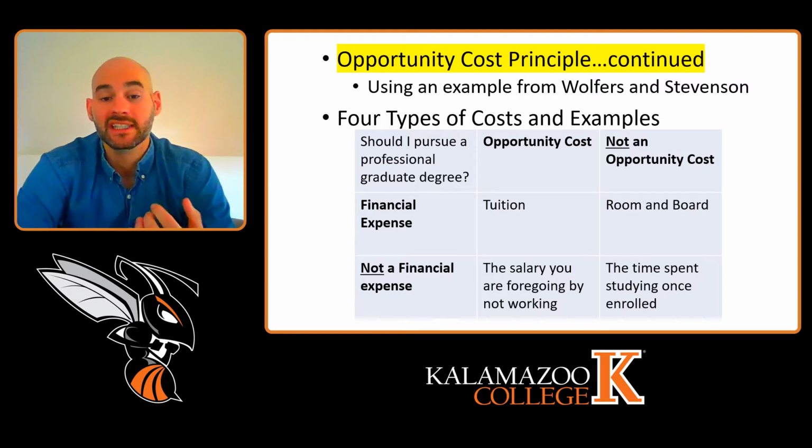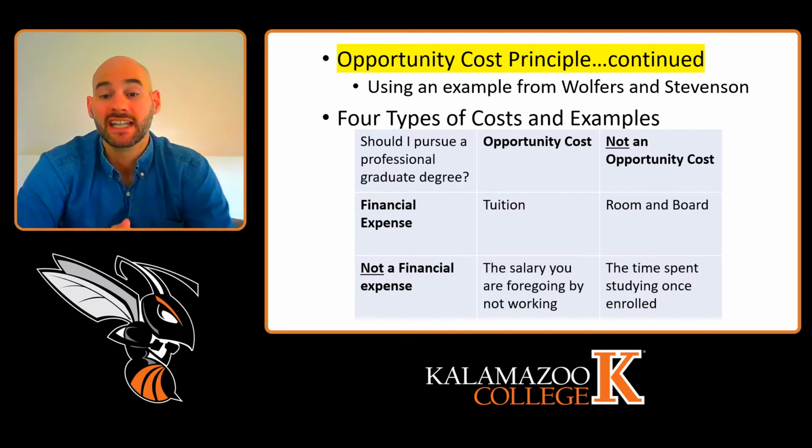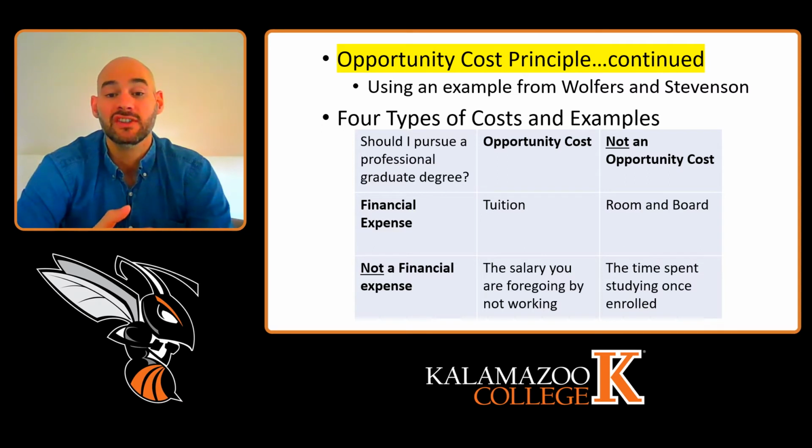However, there are also examples of non-financial expenses which are not opportunity costs. For example, the time spent studying once enrolled. So once you've made the decision to attend graduate school, to pursue this graduate degree, you have already made the decision to not work anymore since you're attending school full time, and you are not giving up any hours then to be studying, because that is part of the decision to attend graduate school.